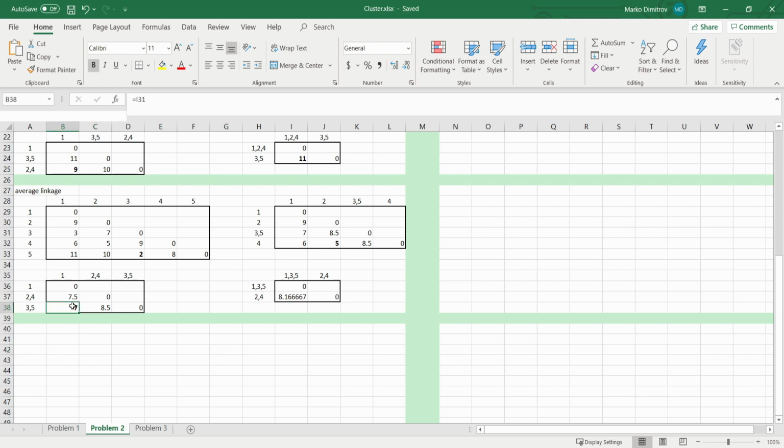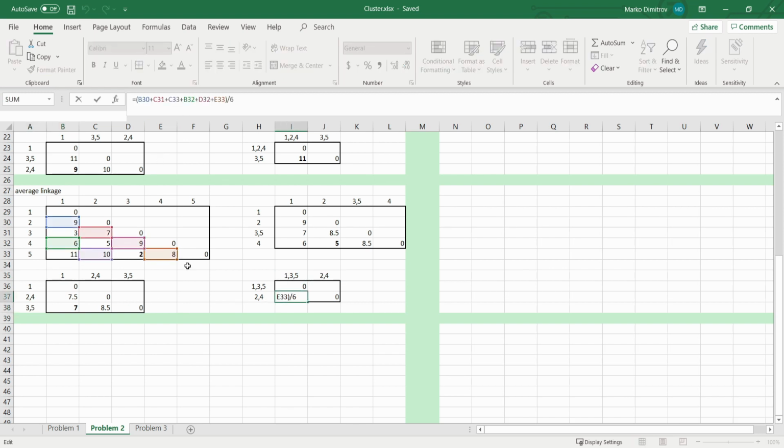This means that you merge 1 with 3, 5, and in the end you average all the distances between 1, 2, 1, 4, 3, 2, 3, 4, 5, 2, 5, 4, and divide by 6, because you have 3 times 2, so you have 6 distances. That way you get another average, which is here.